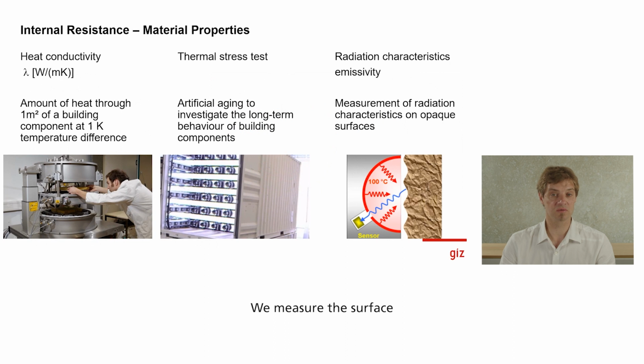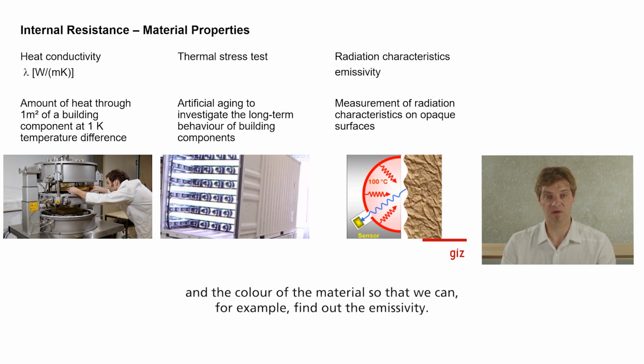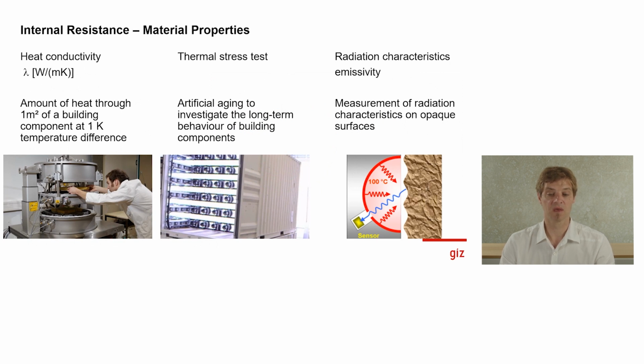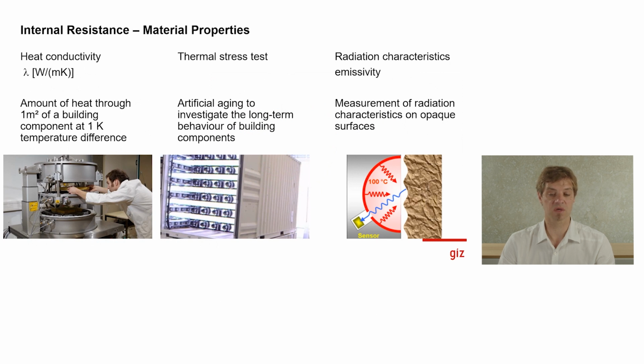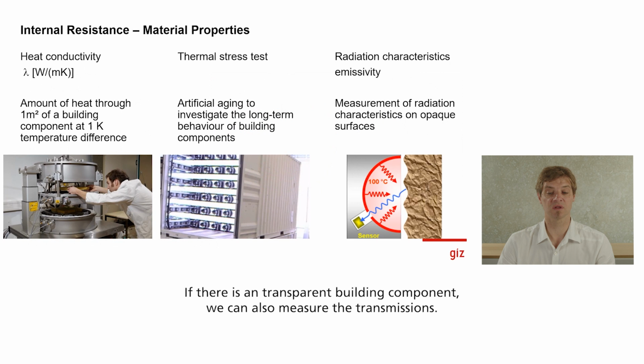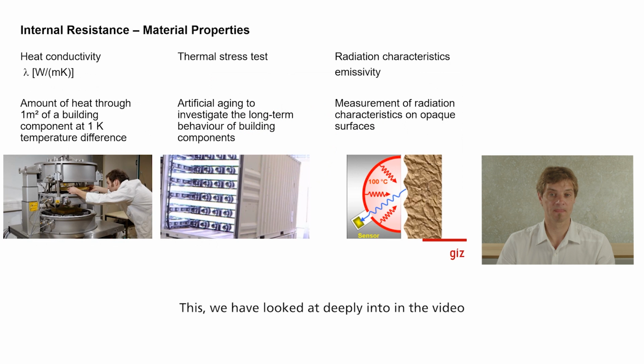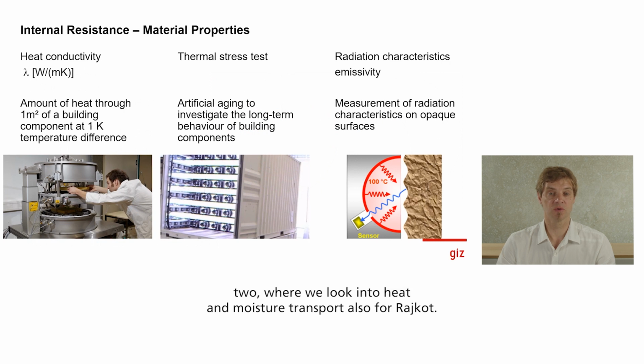So we also measure the surface and the color of that material, so that we can, for example, find out the emissivity. We measure that, as you can see it here, for different materials, and see what is happening then. So we can see the reflectance, we can then measure the absorptions, and if there is an opaque building component, we can also measure the transmissions. This we have looked at deeply in video 2, where we look into heat and moisture transport also for RAJKOT. If you haven't seen that, I would invite you to look at that.